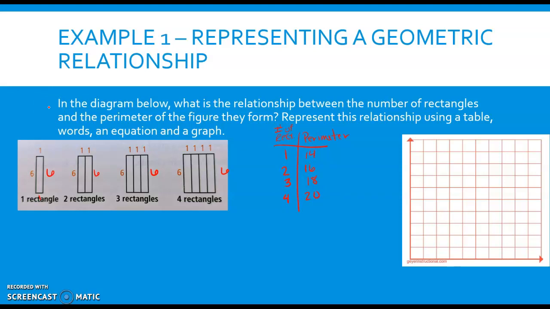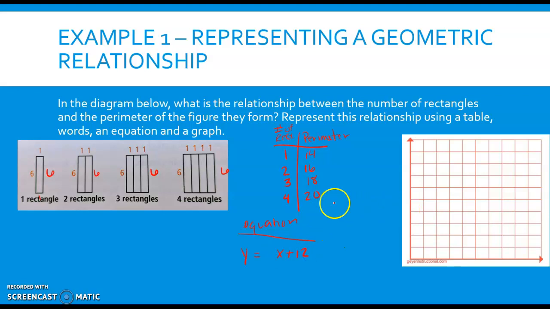So what I notice as I was doing that is 12 was the same every time. And so when I go to write my equation, I know y equals, there's going to be something times my x, but I know each time I'm adding 12 to that perimeter.